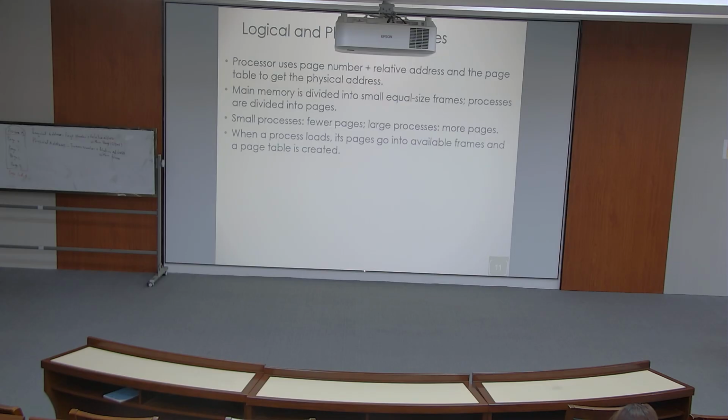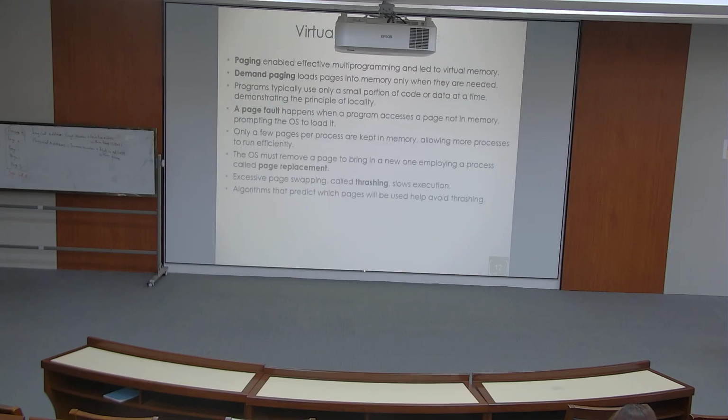Whenever a process is loaded into the main memory, its pages go into the available frames, and a page table is created to hold the mapping between the pages and the frames. So this way, for each process that is loaded into the main memory, a page table is created for that specific process.